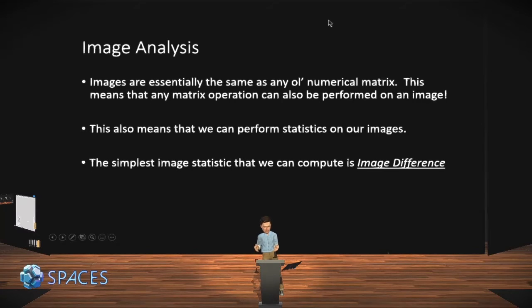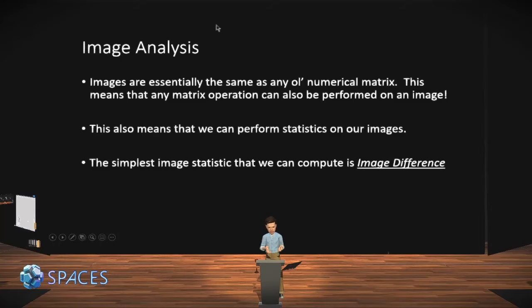So the cool thing is that images, digital images that we have on a computer, are effectively just plain old normal numerical matrices. There's nothing fancy about them. And the advantage here is this means that we can take numerical analyses and apply them to images in the same way we would apply those same techniques to matrices.